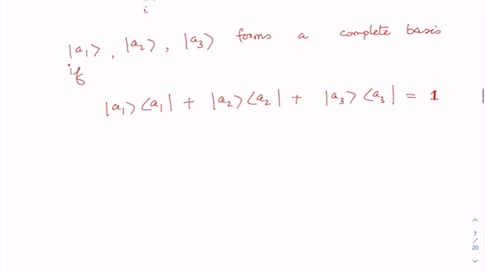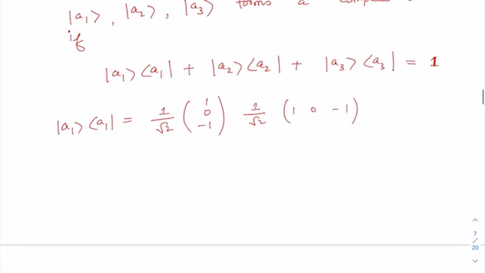Okay, let us show it. You have ket a1 bra a1, so ket a1 is 1 by root 2 (1, 0, minus 1), and bra is going to be a row vector, so you'll have 1 by root 2 (1, 0, minus 1). If I do the maths, you will get half here, and you will get (1, 0, minus 1; 0, 0, 0; minus 1, 0, plus 1).